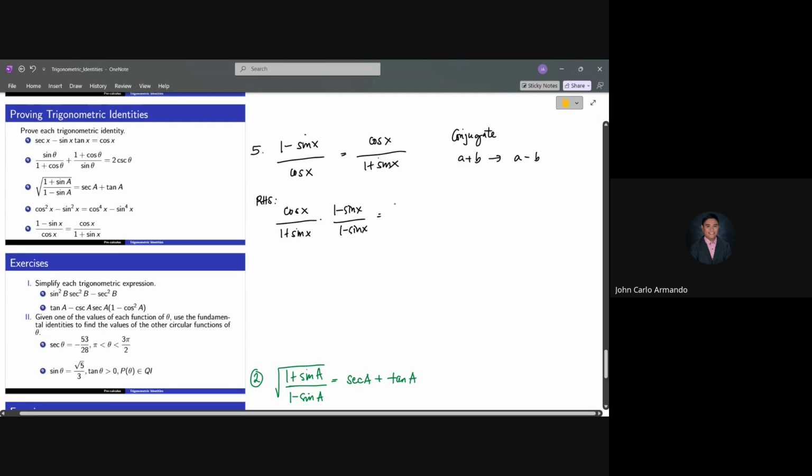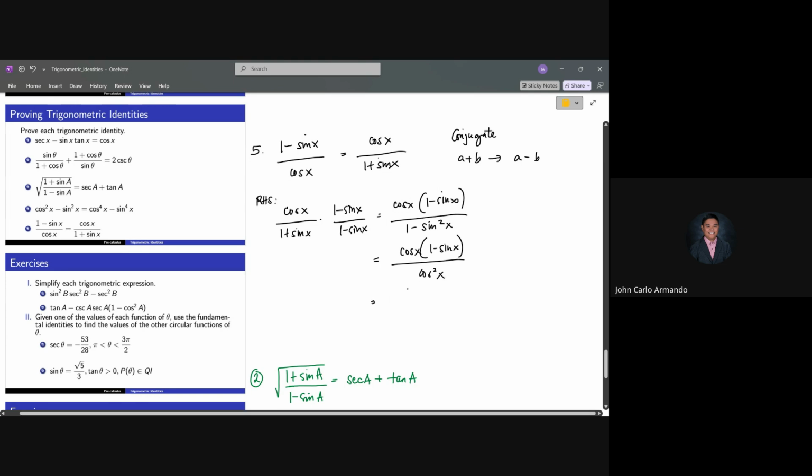Then multiply, just simply in factored form, that's cosine x times 1 minus sine x divided by 1 plus sine x times 1 minus sine x, that is 1 minus sine squared x. And we know that 1 minus sine squared x is simply cosine squared x, right?